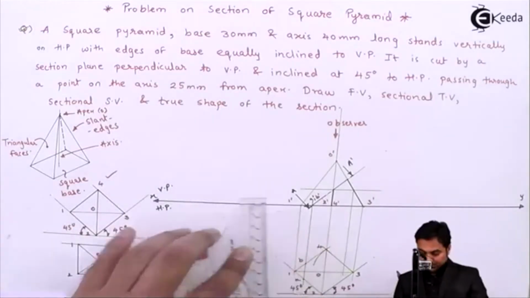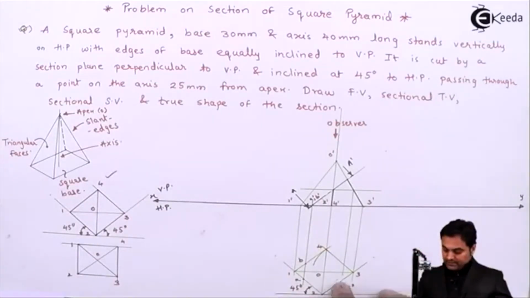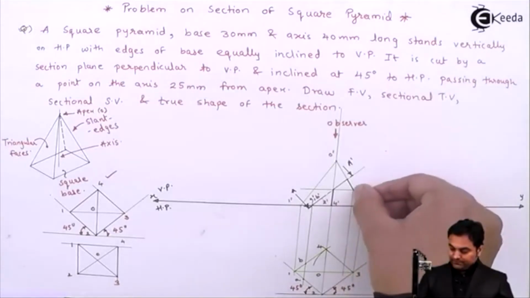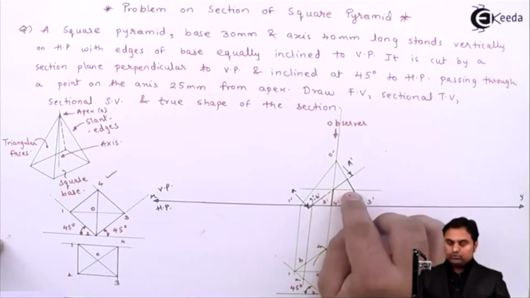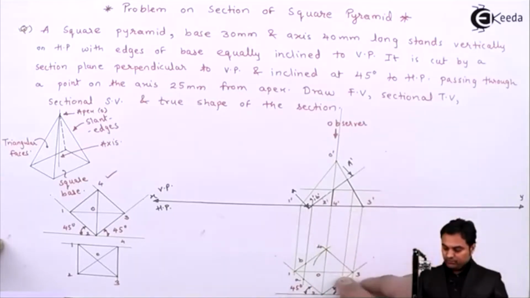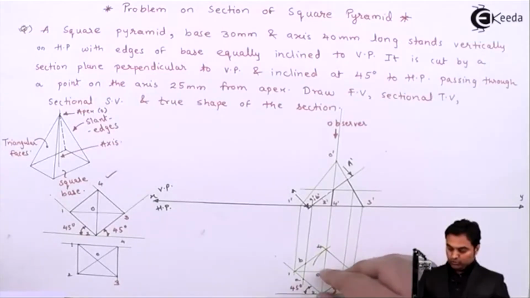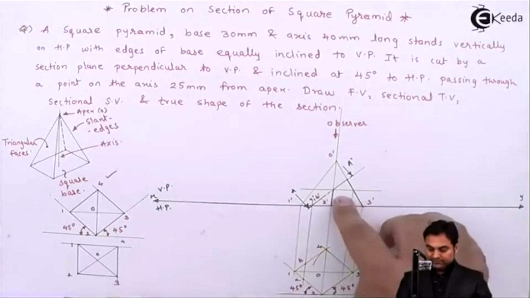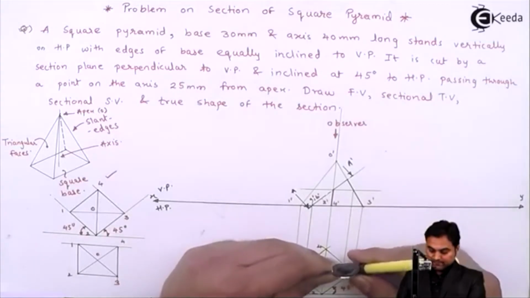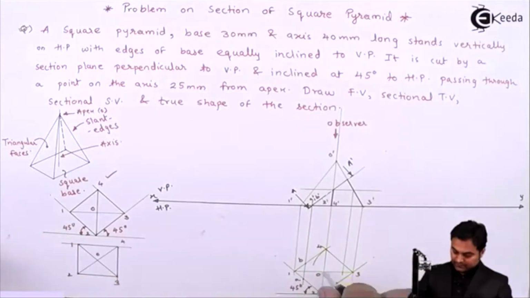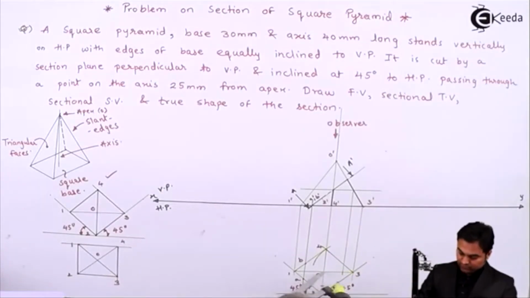So now for that purpose, I have brought this point which is at the center to the slant edge, projecting it down. Now I get this point and I have to transfer it on the edges O2 and O4 because it is cutting O dash 2 dash and O dash 4 dash. Measuring this distance, cutting O2 and O4.